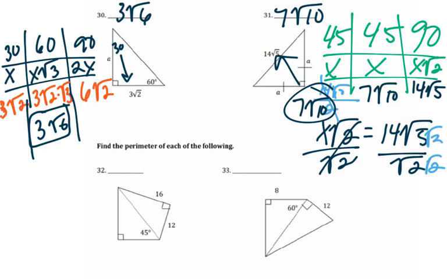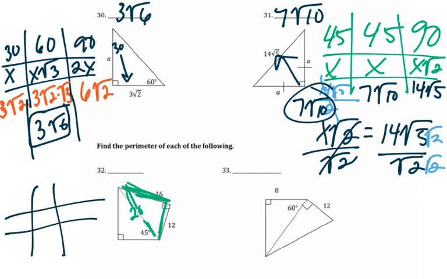These last two here, this requires the Pythagorean theorem, 16 squared plus 12 squared. Square root of that is the number 20. So if that's 20, I'm going to take a special right triangle.